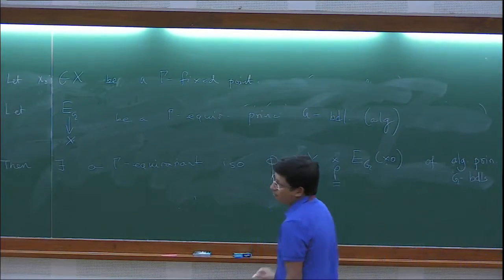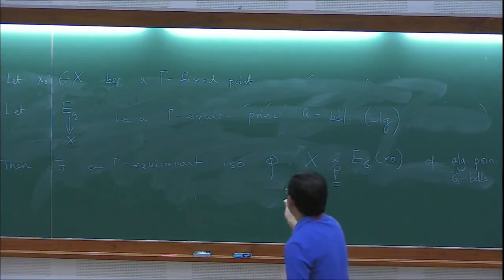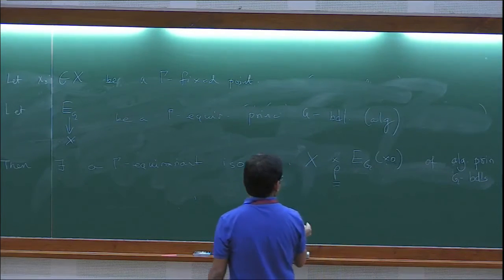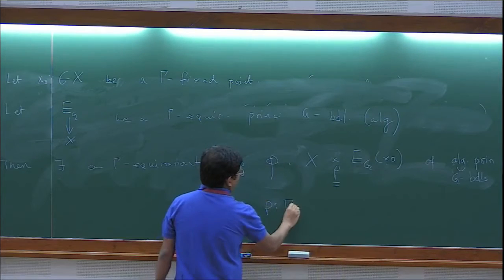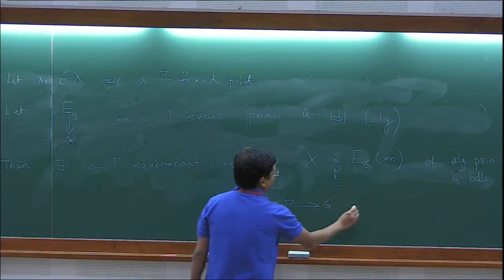Okay, so what is rho? Rho is some homomorphism from gamma to G.